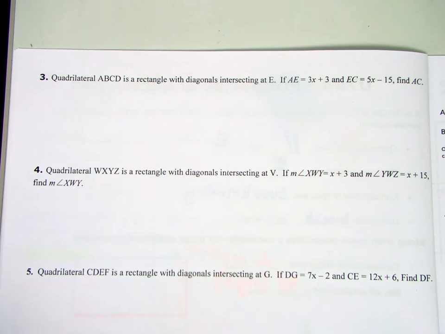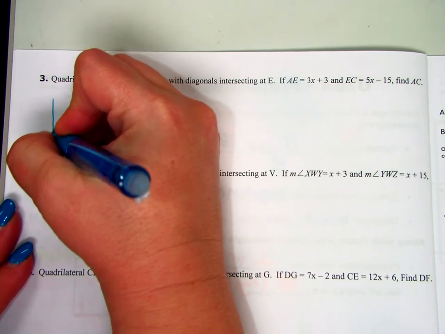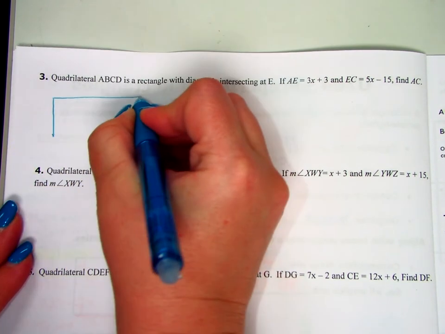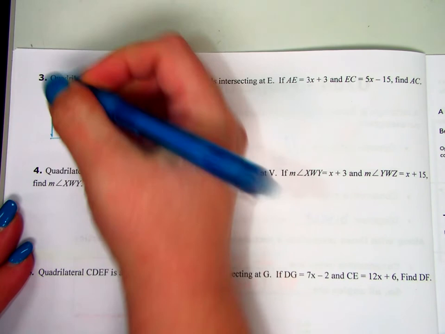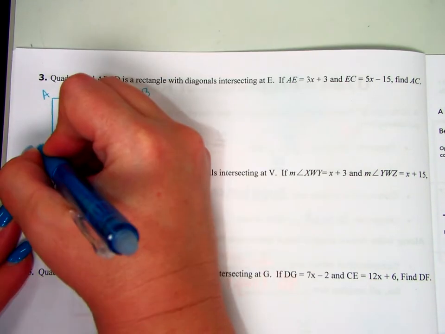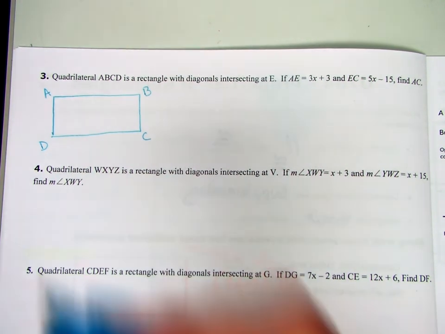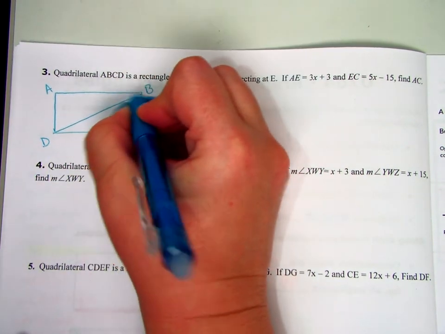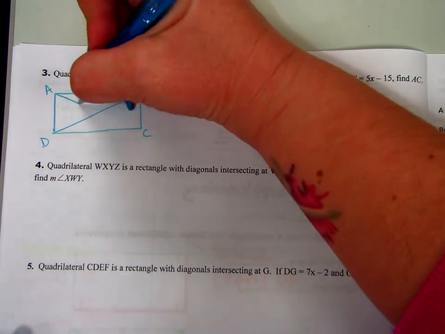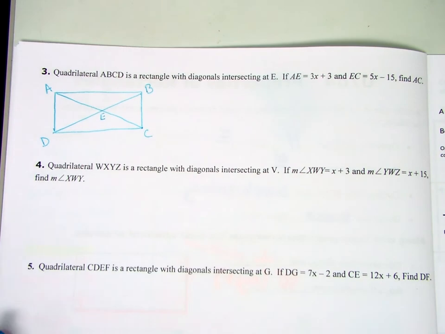All right, so let's sketch our picture. Quadrilateral ABCD. A, B, C, D. You have to walk around it like it's lava. Diagonals intersect at E. E. A to E, so let's make sure we see where that is.